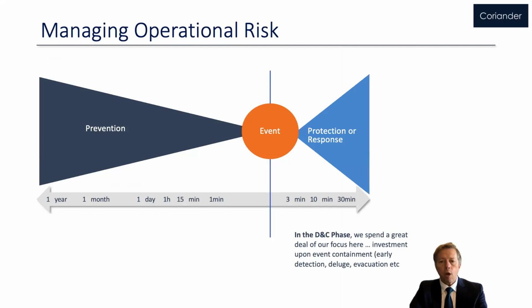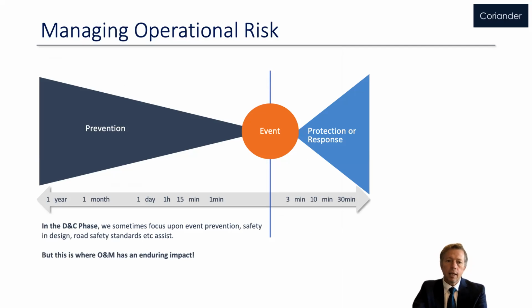So if we think back to this model, we tend to spend a lot of our time in the D&C phase of our projects focusing on event containment, so early detection, deluge, evacuation, etc. And in the D&C phase, we sometimes focus on prevention. So this is where we see safety in design, road safety standards and so on come into play.